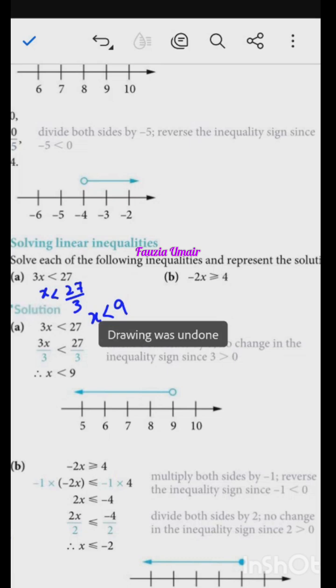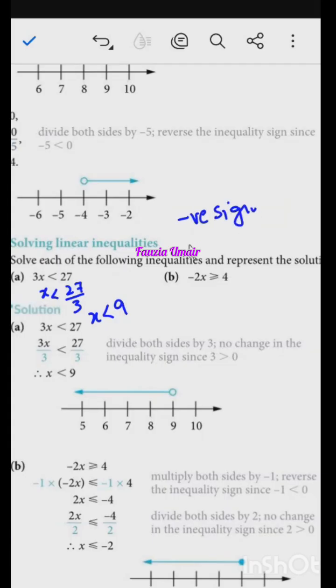Actually, now the second example is a special form. I told you there is one difference from the equation, and that is if there is a negative sign with the variable. This is the only point which you need to remember when solving inequalities: if at the end of the solution there is a negative sign left with the variable, just like in this second example, your inequality reverses.